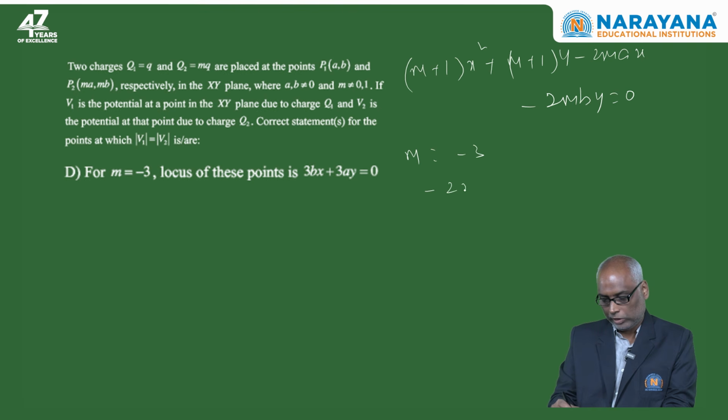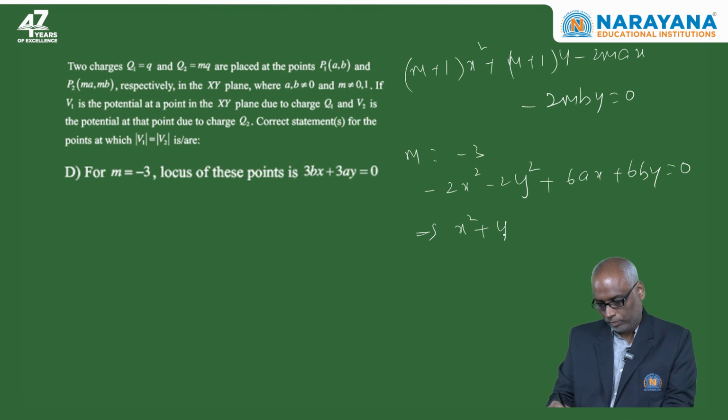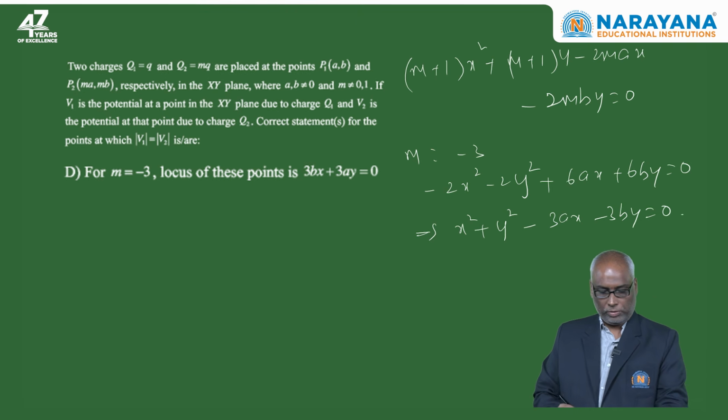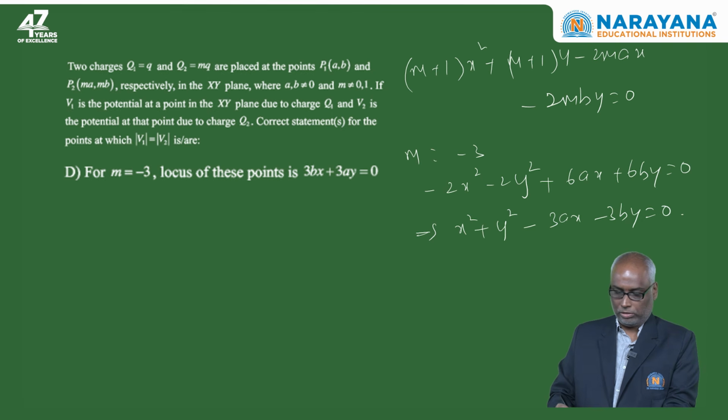So, minus 2x square minus 2y square plus 6ax plus 6by is equal to 0. So, from this equation I can write x square plus y square minus 3ax minus 3by is equal to 0. From this equation we can see that the locus of the points is not a straight line, but it is a circle. So, option D will be wrong. Let us go to the next question.